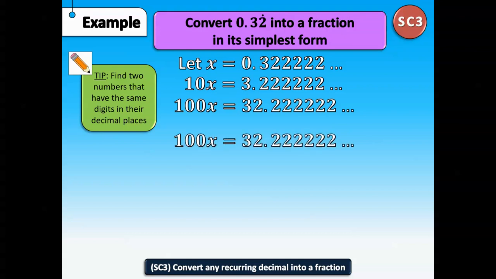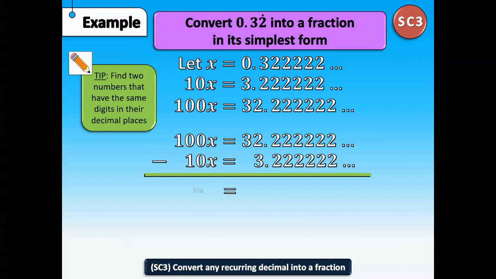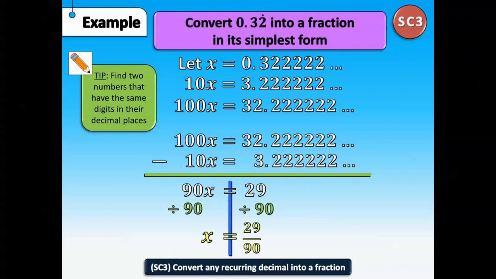So we can take these away from each other. So we take 100x and take away 10x. So 100x take away 10x is 90x, and 32.2 recurring take away 3.2 recurring would be 29. So now if we divide both sides by 90, we can say x equals 29 over 90. So 0.32 recurring as a fraction is 29 over 90.